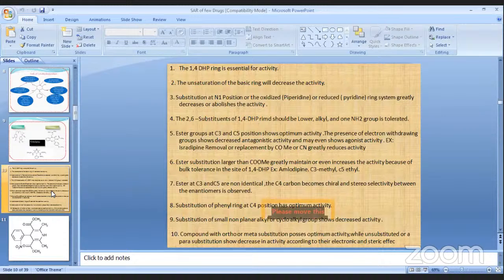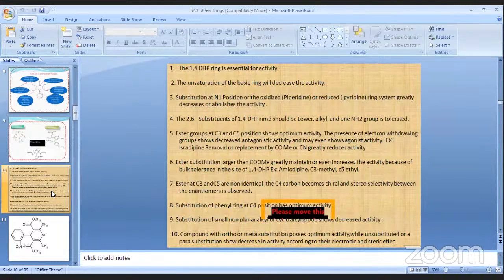The C4 carbon becomes chiral when C3 and C5 are not identical. This is very important, because if they are the same, there is no question of chirality. If C3 is methyl and C5 is methyl, as in nifedipine, it is no problem; there is no chirality and no question of stereoisomeric substances.